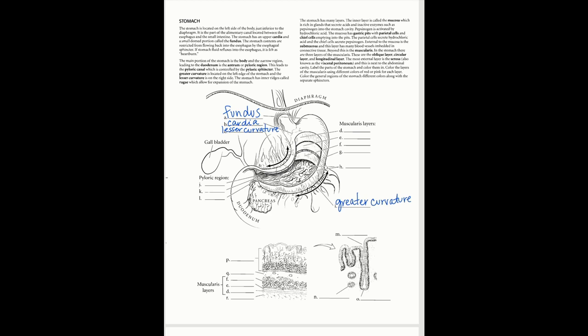Now the stomach's going to play a huge role in mechanical digestion. There's going to be a lot of contracting and relaxing and kind of churning to help digest anything that enters the stomach. So we have multiple muscle layers here, or muscularis layers. If we start on the outer layer, we have our longitudinal layer.